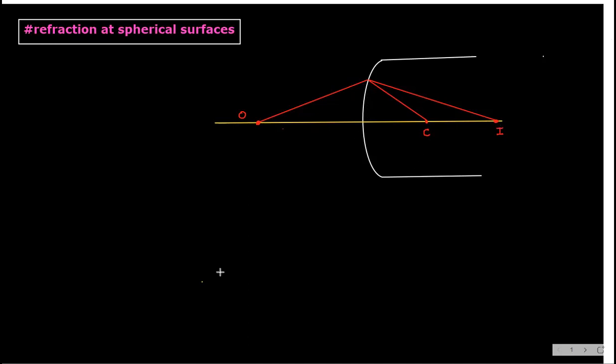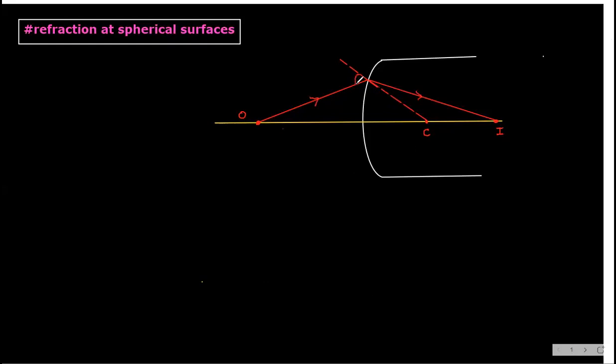Now here, this line passing through the center of curvature is the normal to this surface. I am denoting it with a dotted line. This is the light ray which is coming and refracting like this.